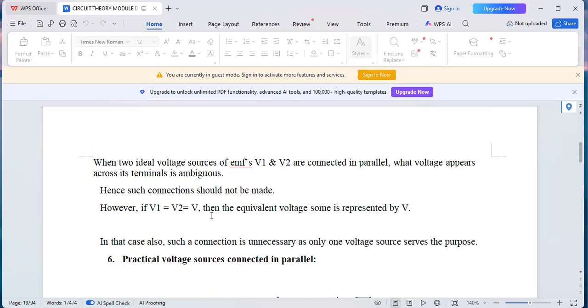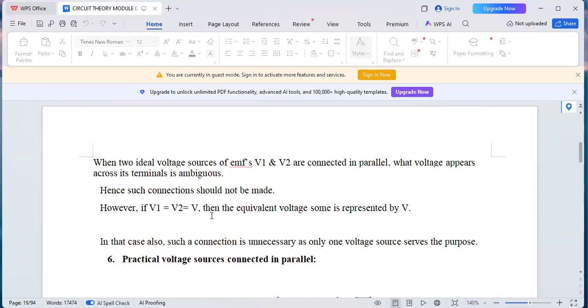That means you want a high current and you want to maintain the same voltage. Normally at the cell site, you see that they have 12 volt, 12 volt, 12 volt, 12 volt, and most of the time you see them connected in parallel. That means that they want a very high current.